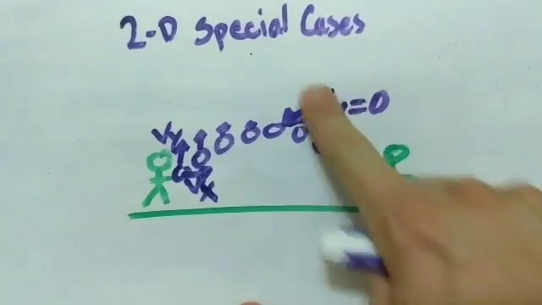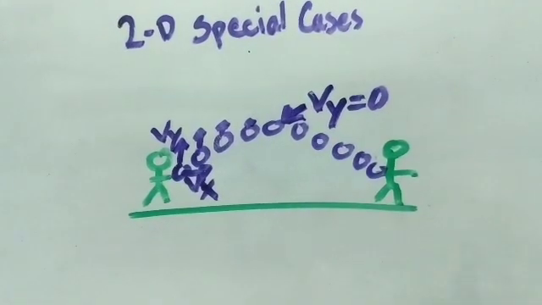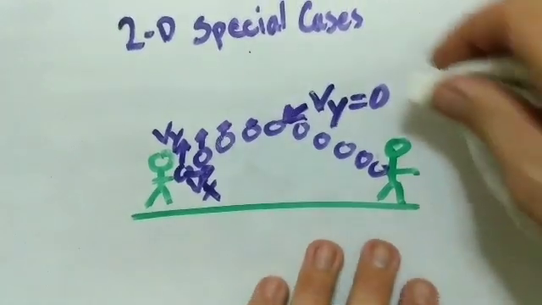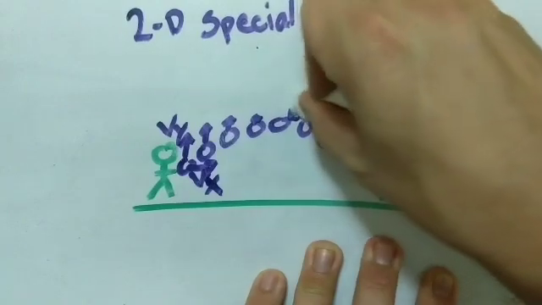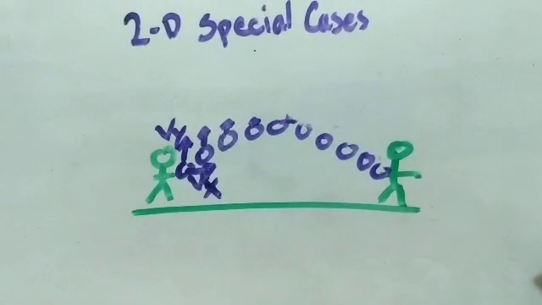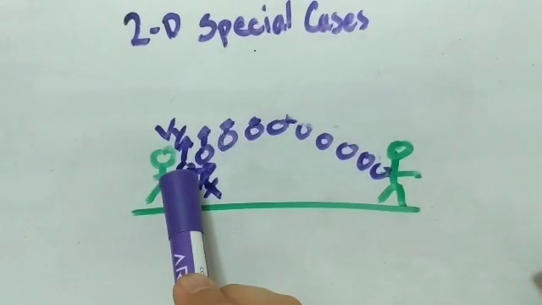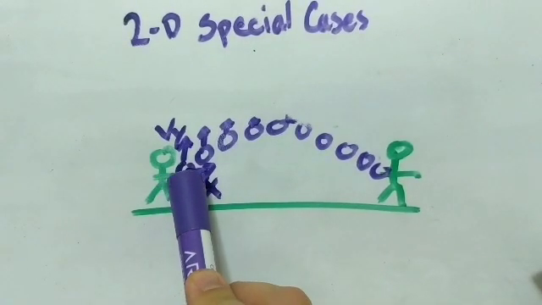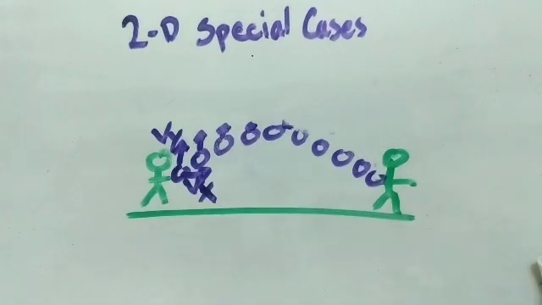The second special case is not at the peak. This one is not always true, but I drew it in a scenario where it would be true. This is when the elevation that the projectile is released from, the height, or the delta y.